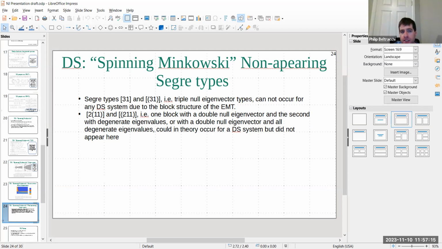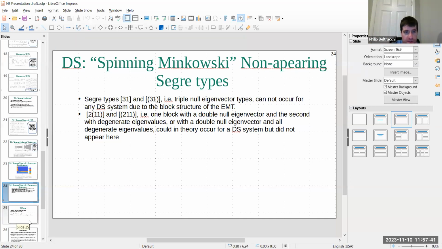This one is coherent electromagnetic radiation, for example. We could, at least according to the block analysis, have had this occur. We did not see it appear when we were analyzing our spinning Minkowski spacetime.